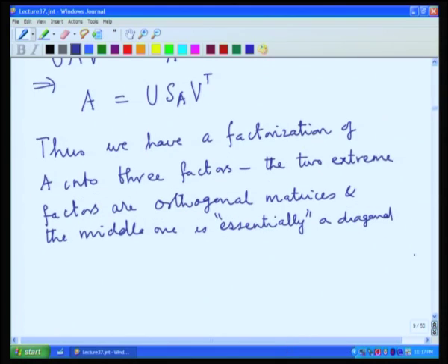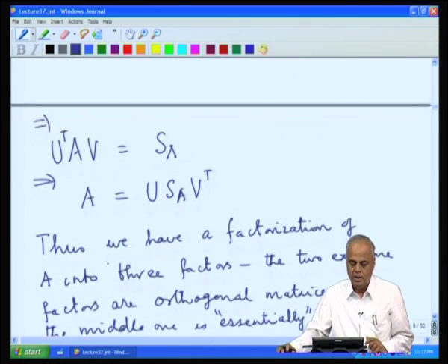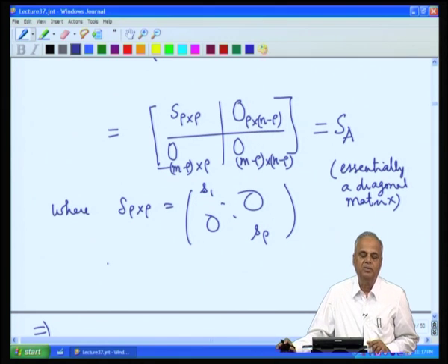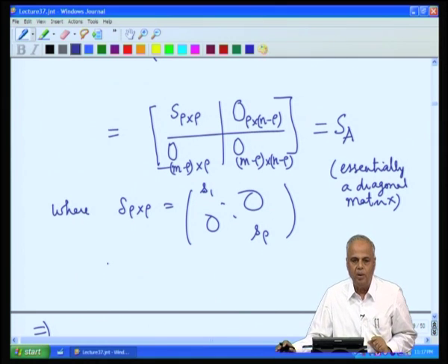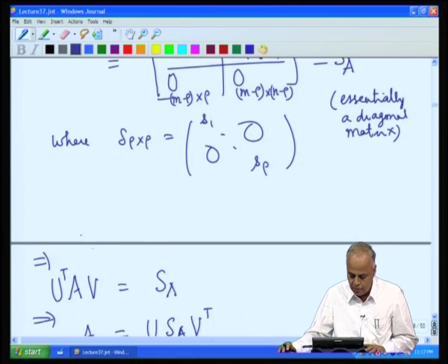When we say essentially a diagonal matrix, what we mean is that the only significant part of the matrix is a leading diagonal block consisting of the singular values along the diagonal and all other entries being 0.